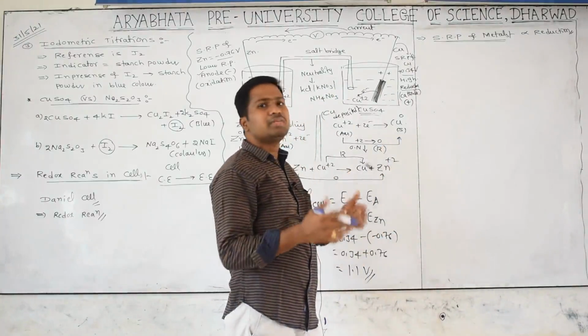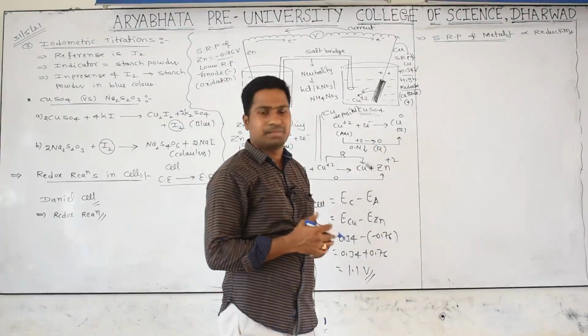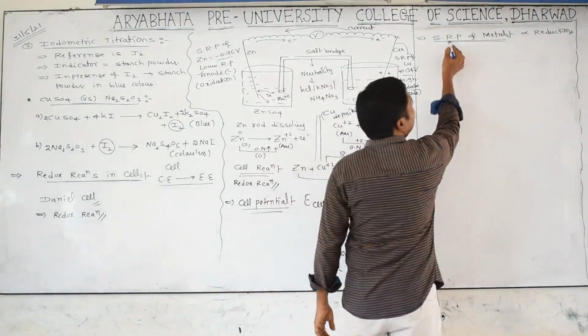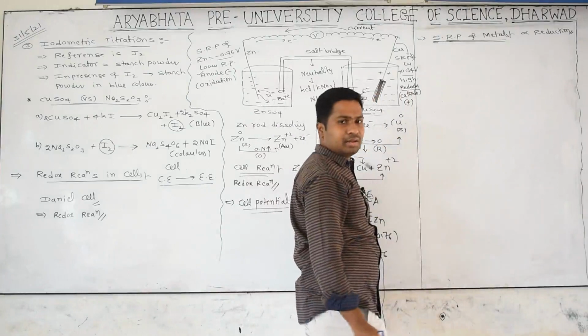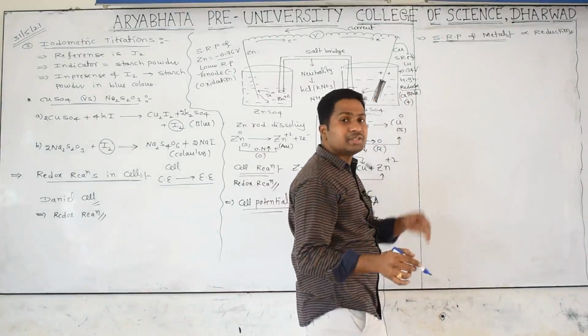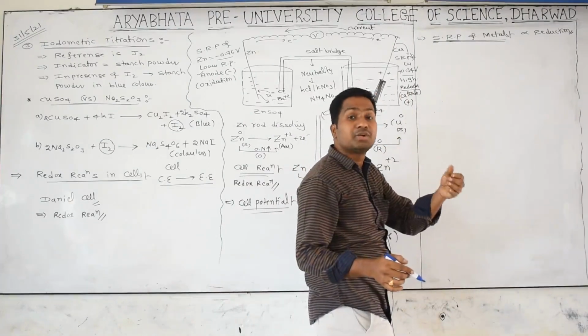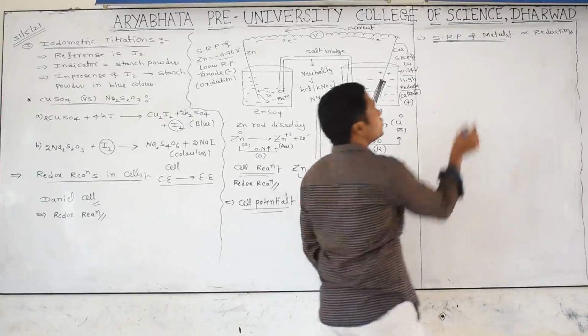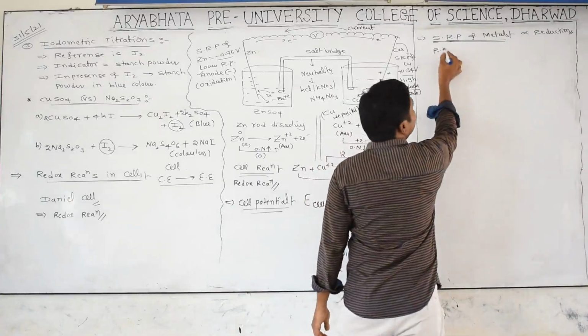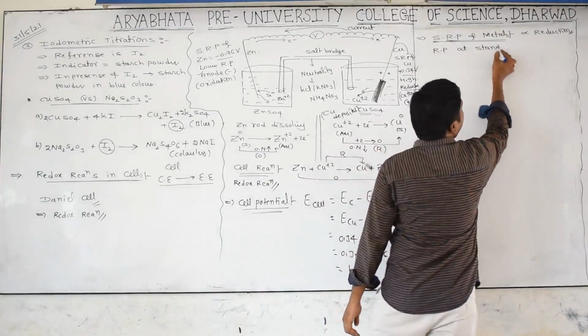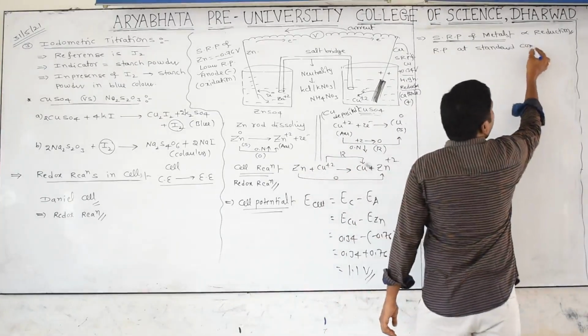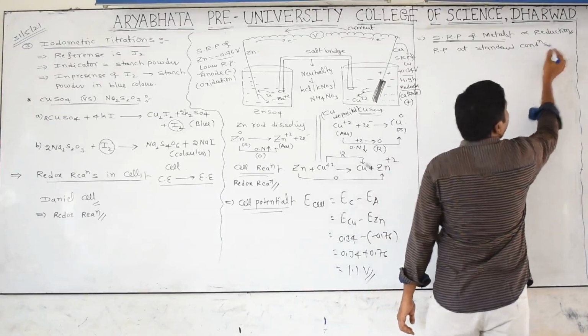But first of all, what is the meaning of standard reduction potential? The reduction potentials of metals are calculated at standard conditions, meaning STP, standard temperature and pressure. Sir, what are the standard conditions for the reduction potential?